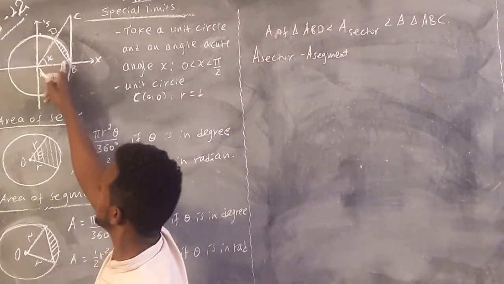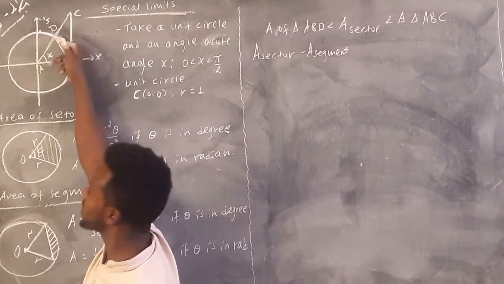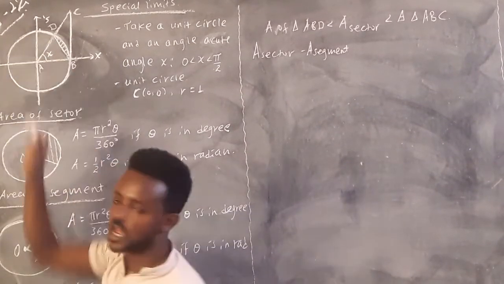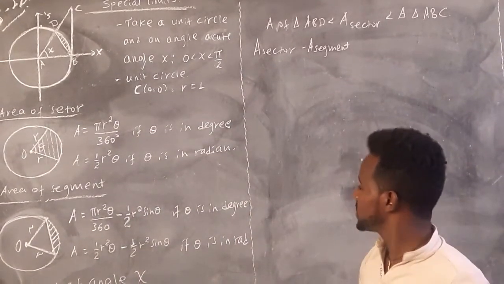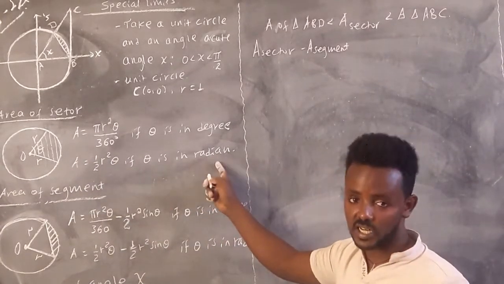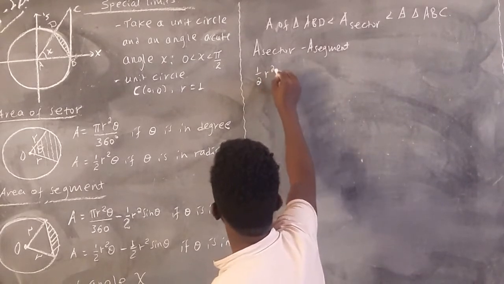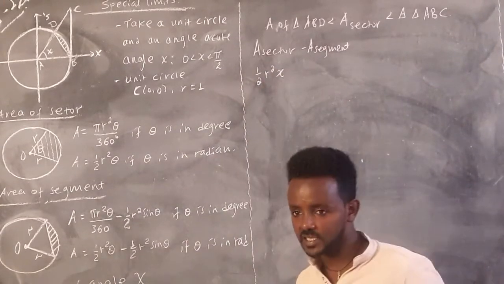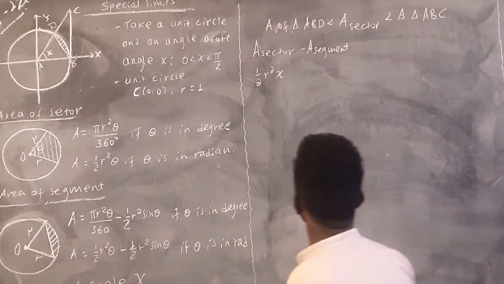The area of a sector is given by half r squared theta if theta is in radian measure, so that's half times r squared times x, where x is an acute angle.